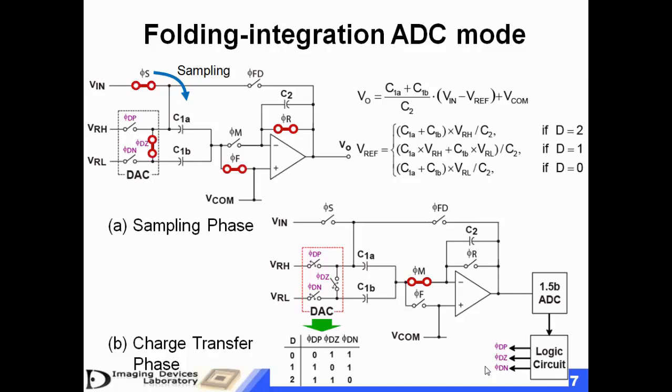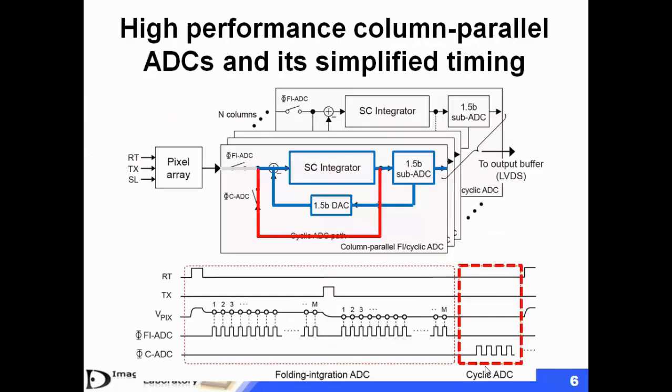For obtaining multiple bits, these operations are repeated for several cycles. Most importantly, by using multiple sampling techniques, we can reduce the noise level, and simultaneously, by folding the operations, we can increase the operation range, the dynamic range of the sensor. That is an important point.